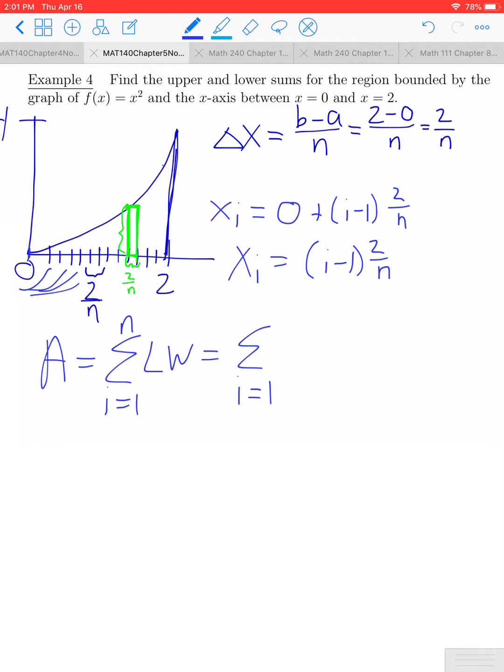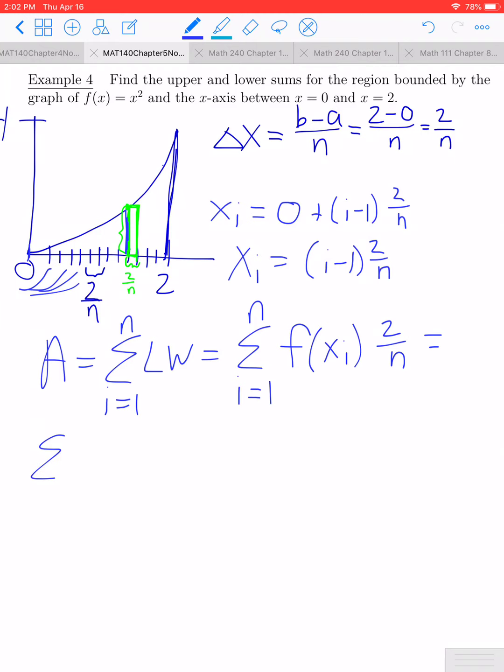The length is the 2 over n, or maybe that's the width, because it doesn't matter. It's interchangeable how you view it. But the length, I said a moment ago, was the height of the function. So that's going to be f evaluated at x sub i, the function evaluated at each left endpoint, times the 2 over n.